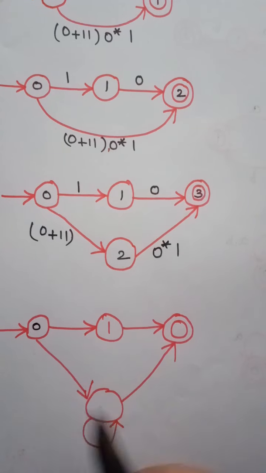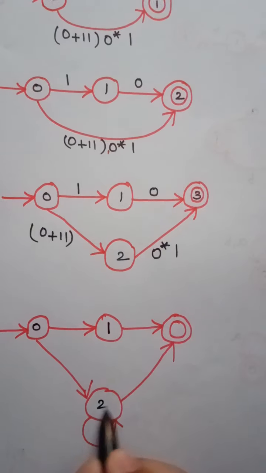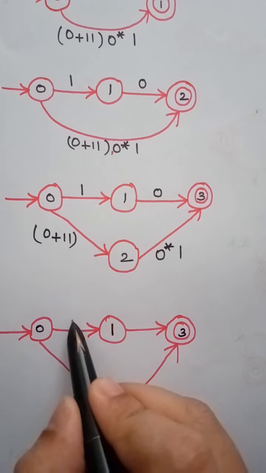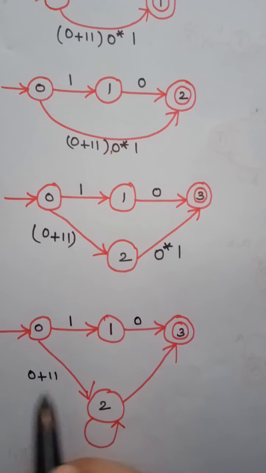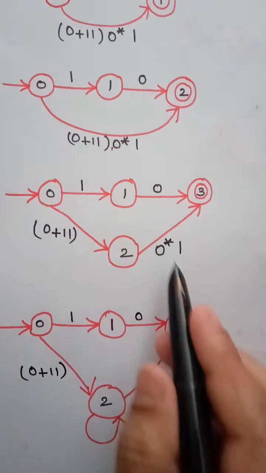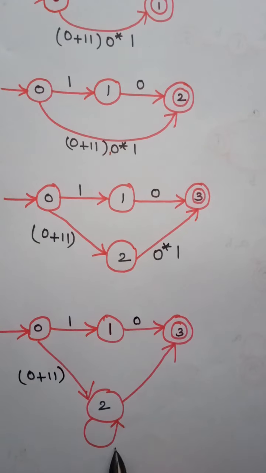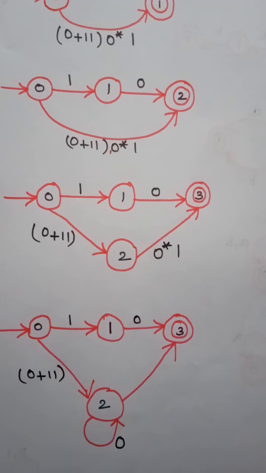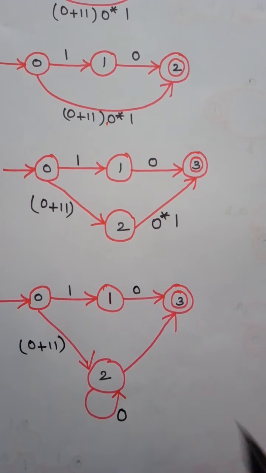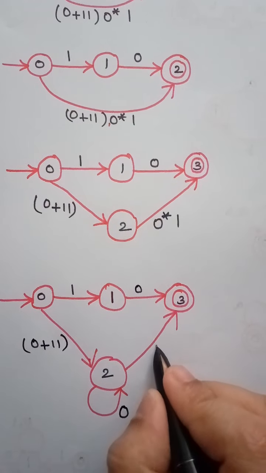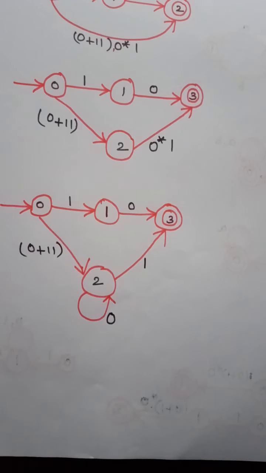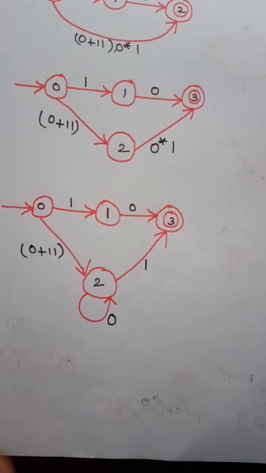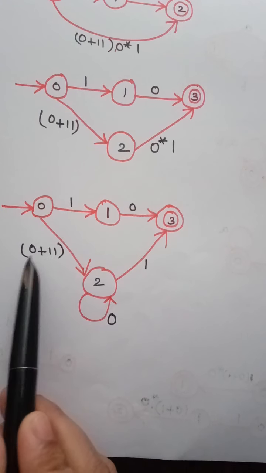This is 0, this is 1, this is 2, this is 3, and here the input symbols are 1 and 0. Here it is 0 + 1 1, and here we have 0 closure. For the input symbol 0 it is a loop, and here it is 1. Now we need to split these two.